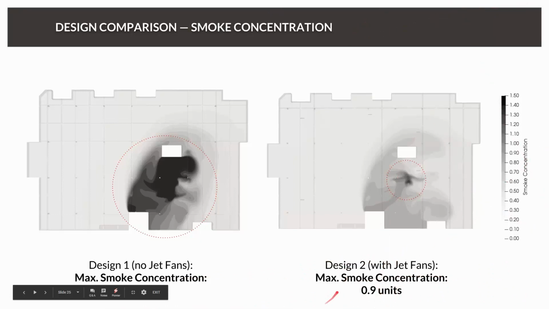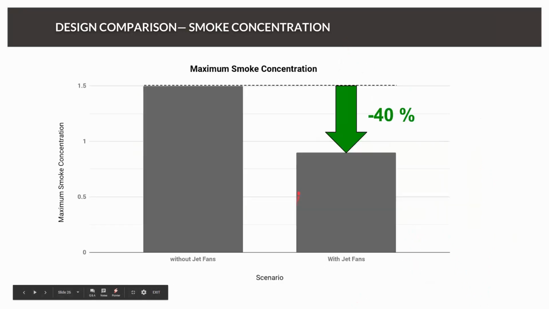Not if we just take a look at the peak, but if we take a look at the average concentration, it's even much more than 50% just by adding these jet fans. Yeah, and this small design change helped us to reduce the maximum smoke concentration by 40%.